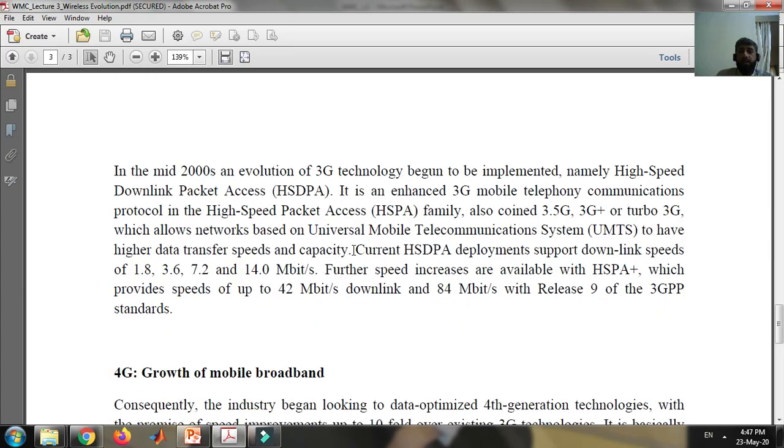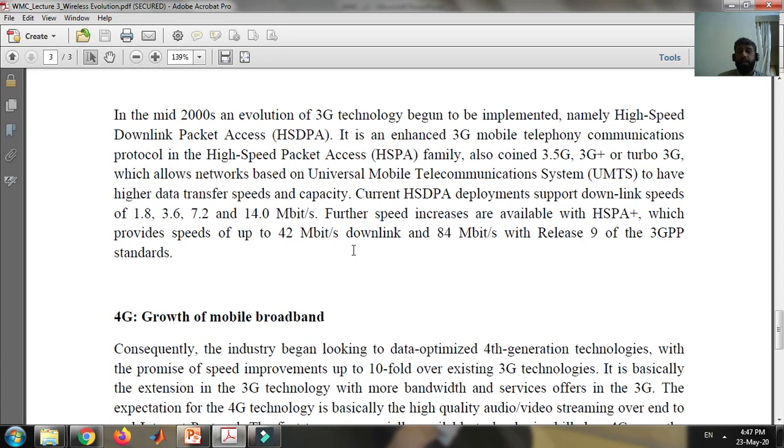In the mid 2000s, the evolution of 3G technology began to be implemented, and the technology was named as High Speed Downlink Packet Access, or HSDPA.